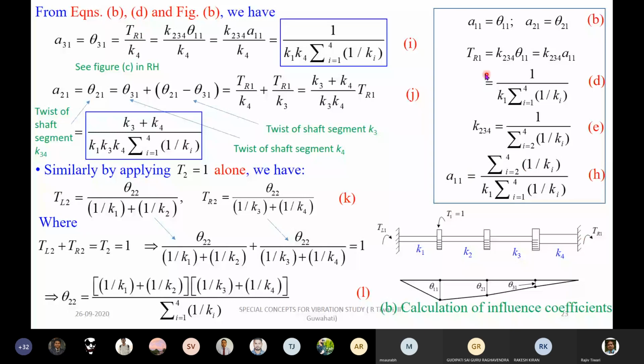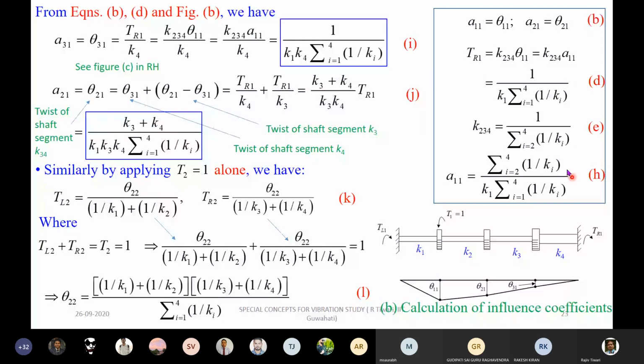And TR1, previously we obtained as K23 theta 11, which is theta 11. So here I'm substituting from the previous expression, and theta 11 we already know is equal to alpha A11. That has been substituted, and alpha 11 we also obtained.